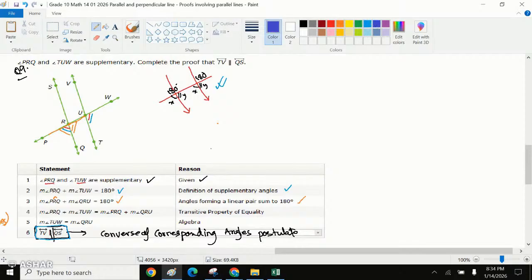Okay, let's look at the transitive property. PRQ plus TUW should be equal to the interior angles.